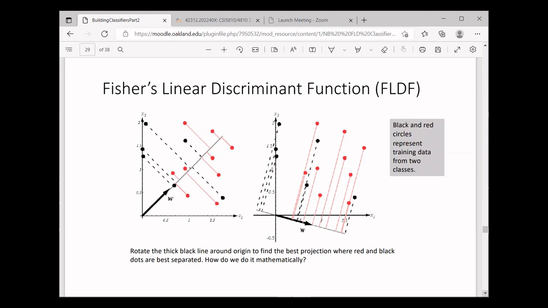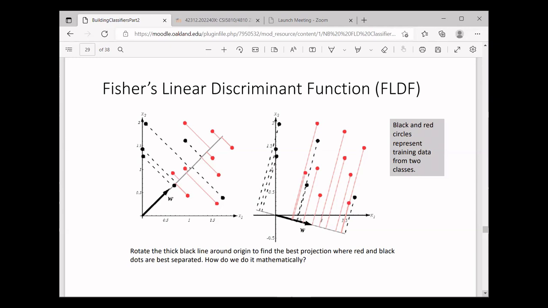So basically, if you imagine rotating this weight vector W around the origin, looking at different directions and doing projections for different directions, it's possible that there might be a projection which will show a property where most of the red points are on one side of the line and most of the black points are on the other side of the line.